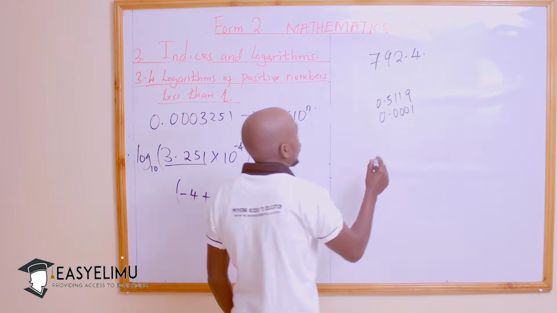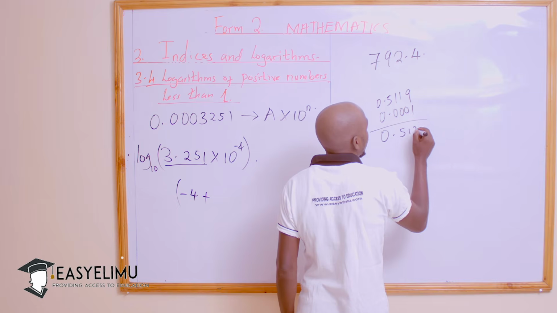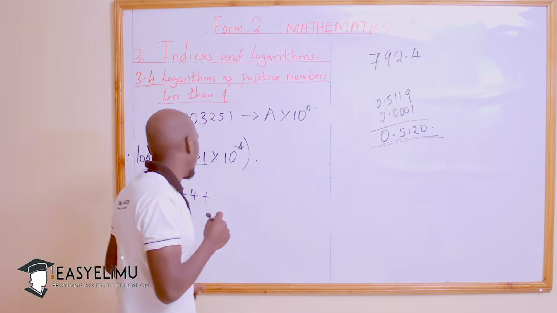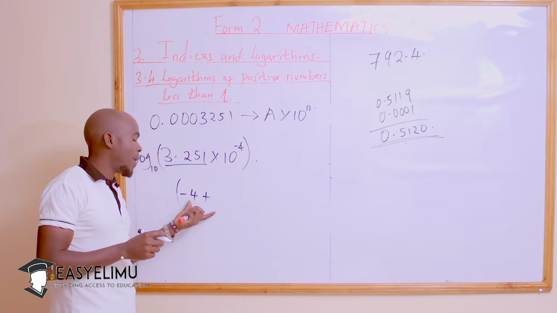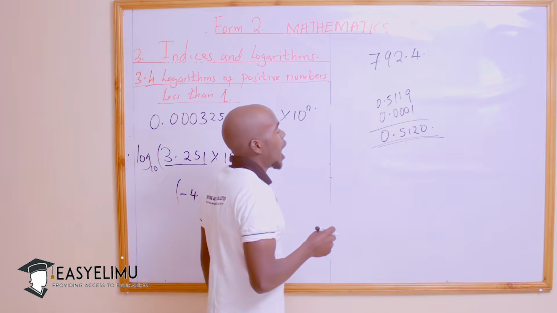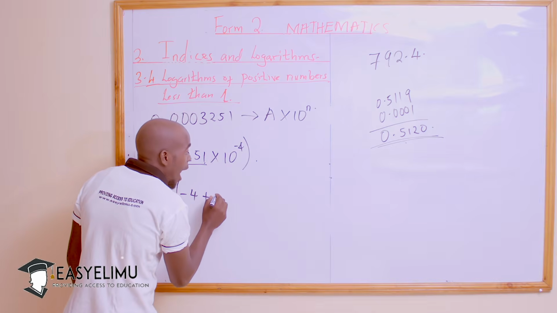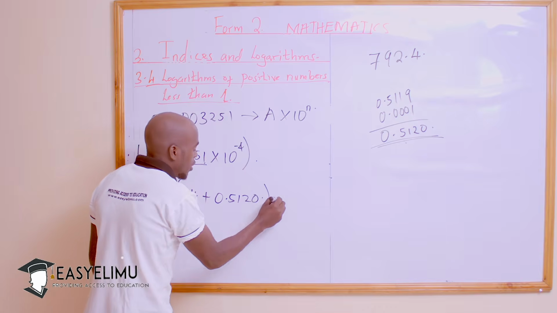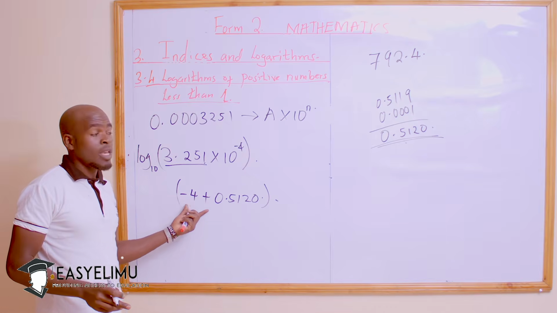So on addition, we are going to have 0.5120. That is what we shall find as the logarithm of 3.251. So on this mantissa part, we add this one here, which is positive, and on adding, we shall have 0.5120. So this is the mantissa part and this is the characteristic part.